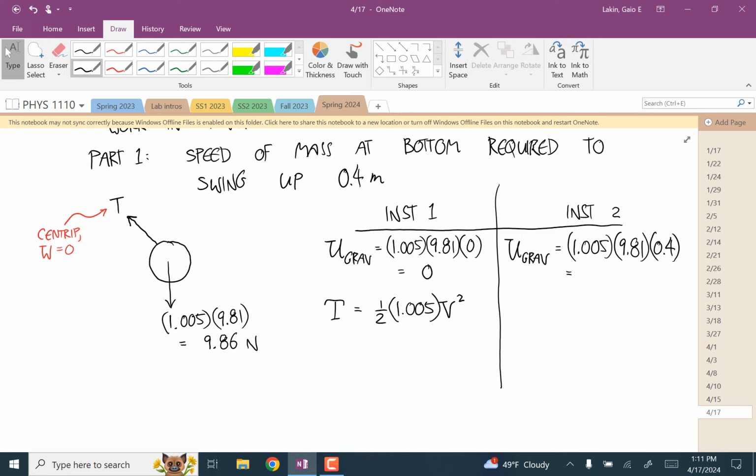So that's 3.94 joules. And the kinetic energy at the top of the swing, well, when it reaches its highest point, it's just about to turn back around the other way, so what's its speed? 0, yep.